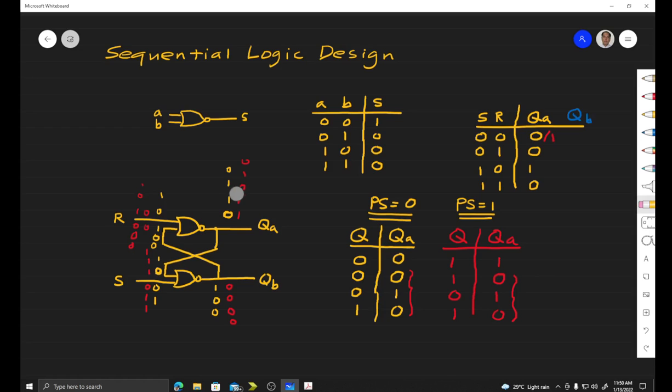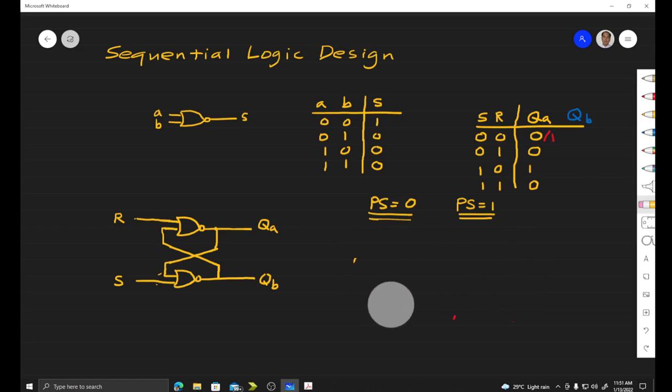So let me erase this. We will do the same thing for QB. So let me also erase this one. Same thing for QB.